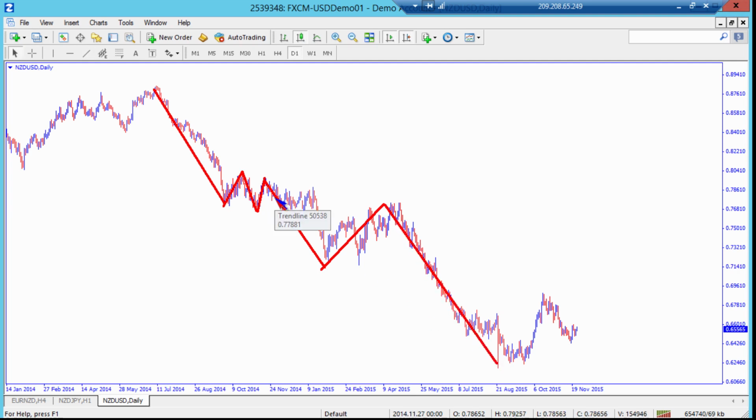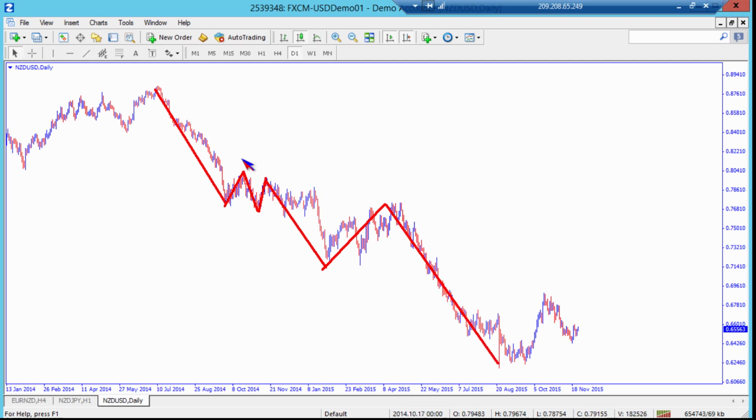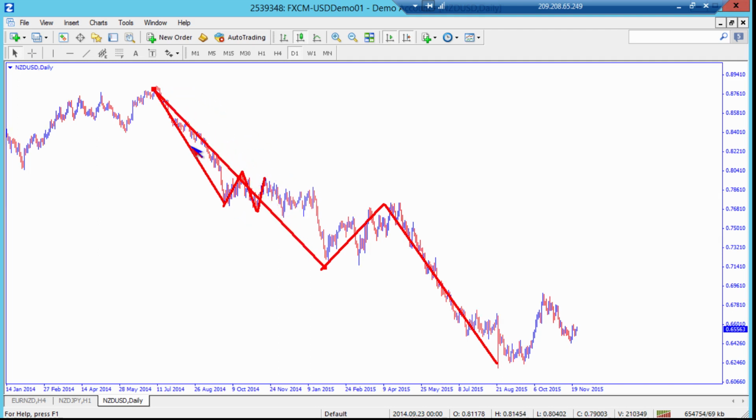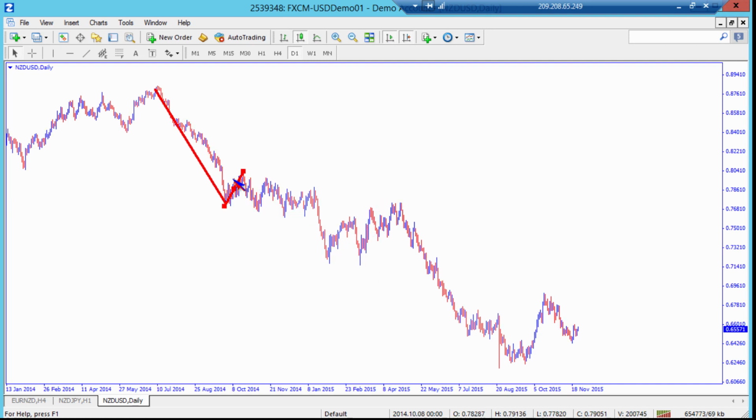Even if we wanted to eliminate all these other ones and just did it from here to here, the market went from high to low, lower high, lower low. So you can see that we established a downtrend. That's a daily chart.